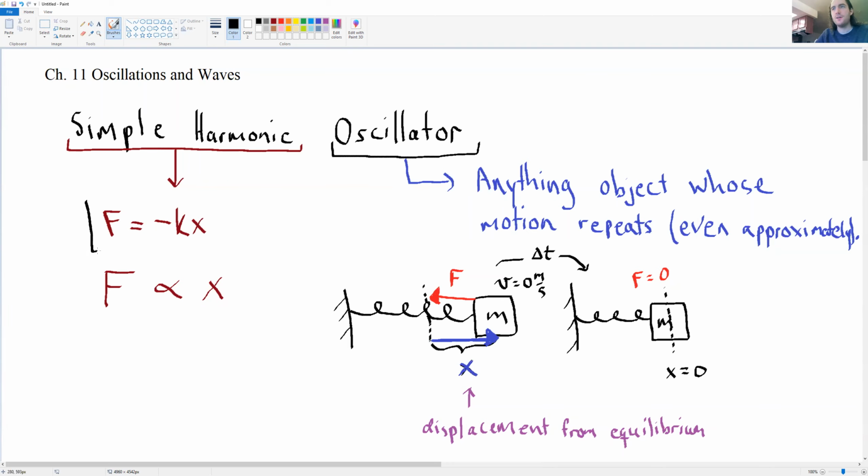What about this expression right here? This expression right here tells us what the force is on the mass due to the spring, right? Now that I've pointed this formula out to you, without giving you the answer, what is the force at the equilibrium position?